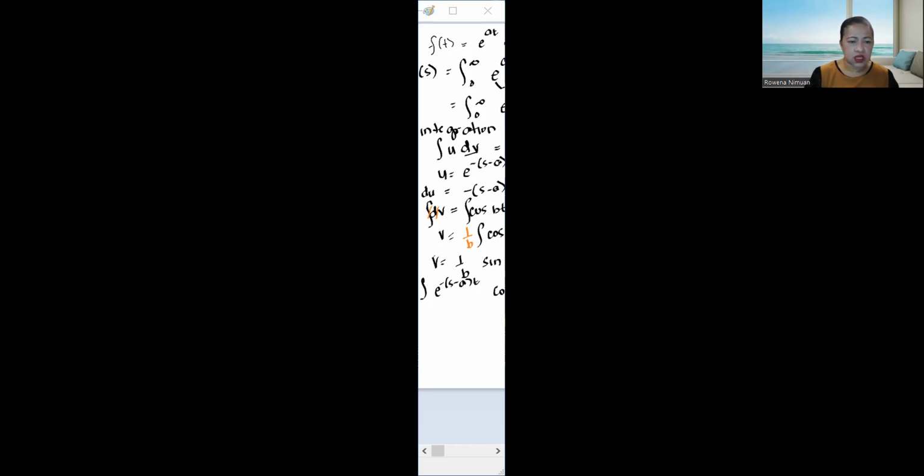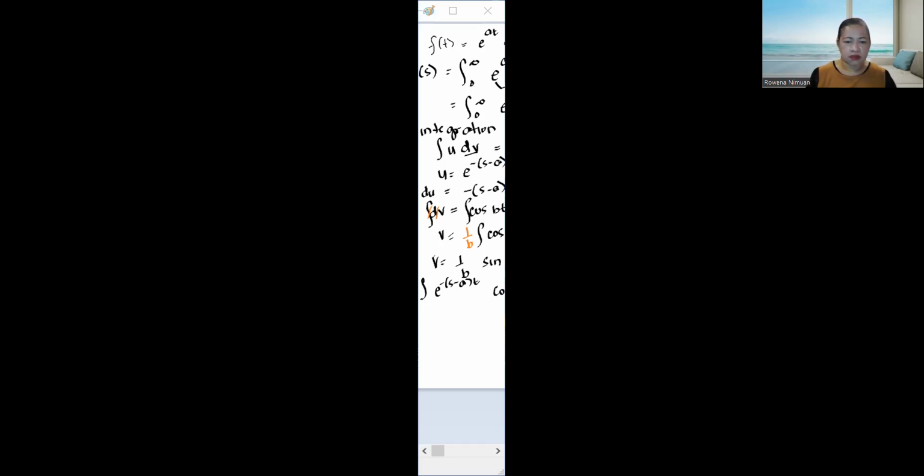Then if I introduce e to the infinity times negative cosine of infinity divided by b, then minus e to the 0, minus minus, that should be plus e to the 0 cosine of 0 over b.